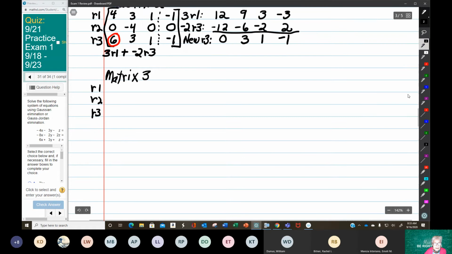This will be 0, 3, 1, negative 1. And these two rows stay the same from matrix 2. 0, negative 4, 0, and 0. And 4, 3, 1, negative 1.